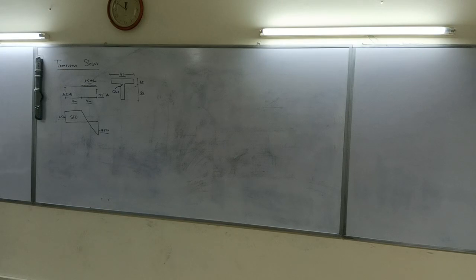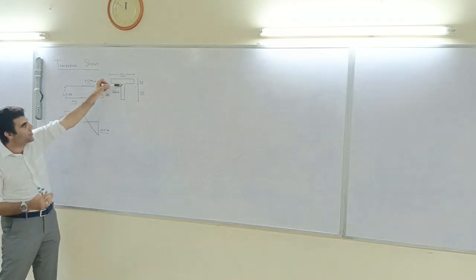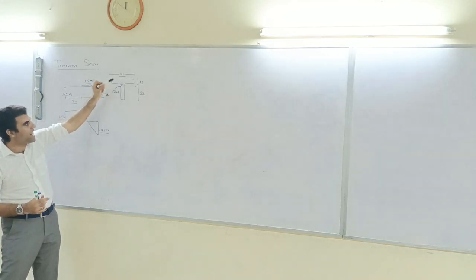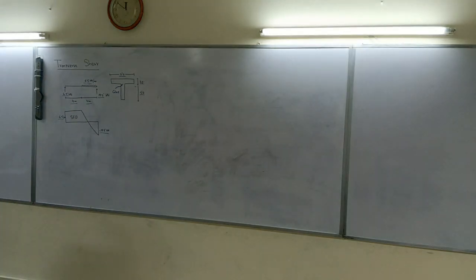So in other words, this cross section is made up of cardboards which are joined together at this point, which is a seam. This junction is a seam, and we are asked to find out the shear stress at this point. Now, why are we interested in the shear stress?